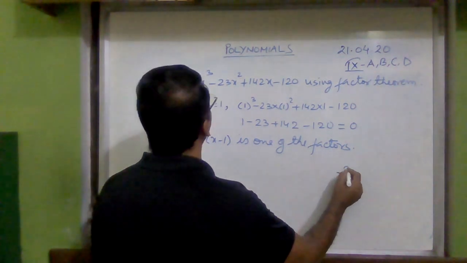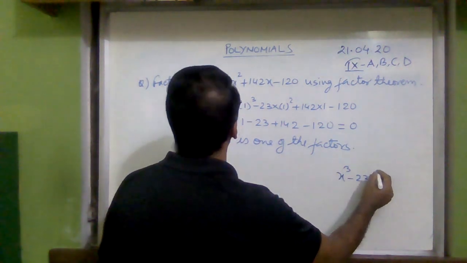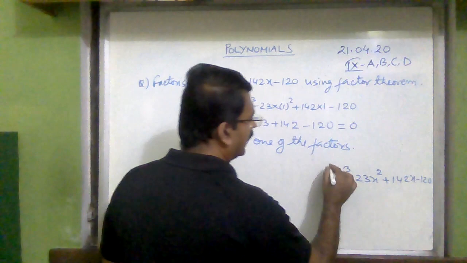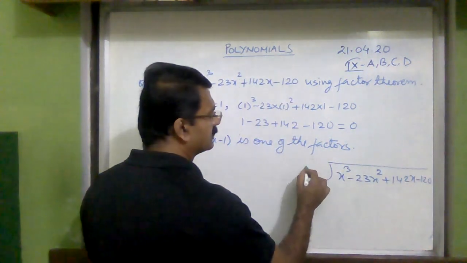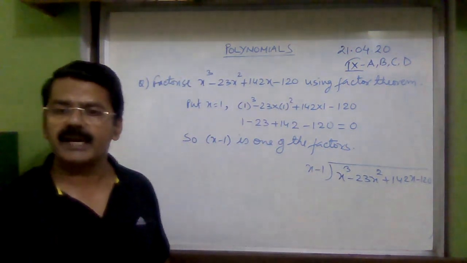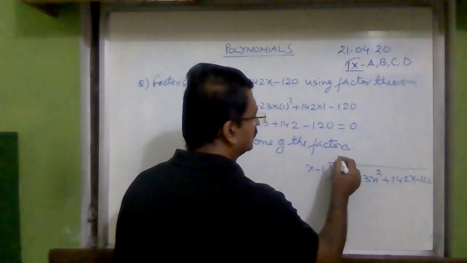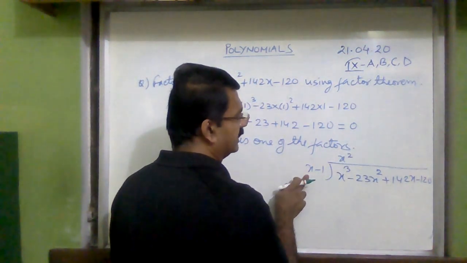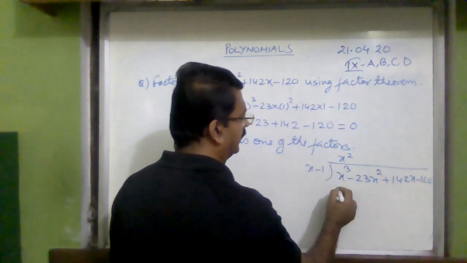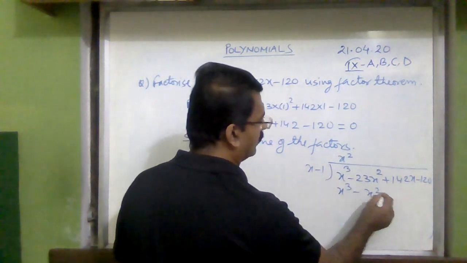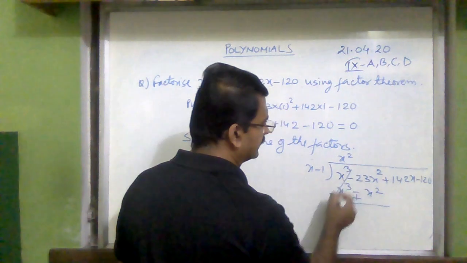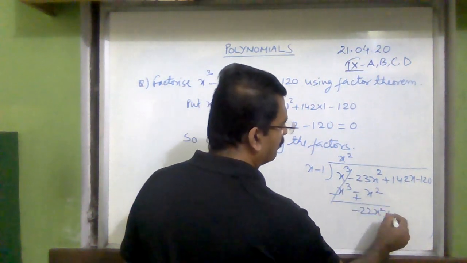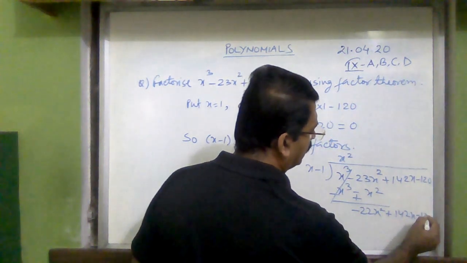So x cube minus 23x square plus 142x minus 120, divide it by x minus 1. When you divide this by x minus 1, I'll use x cube and we have x here, so we will have to multiply it by x square. So x cube minus x square, change the sign, this is cancelled, minus 22x square plus 142x minus 120.